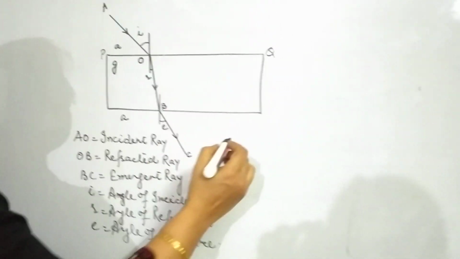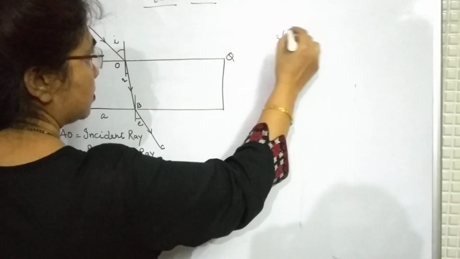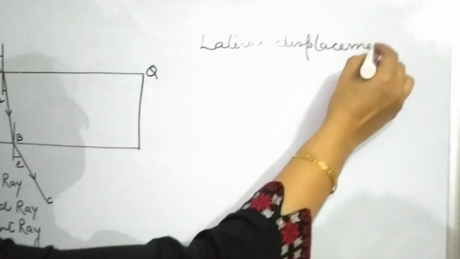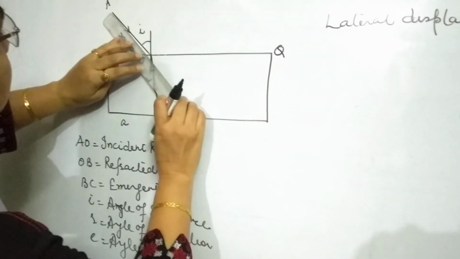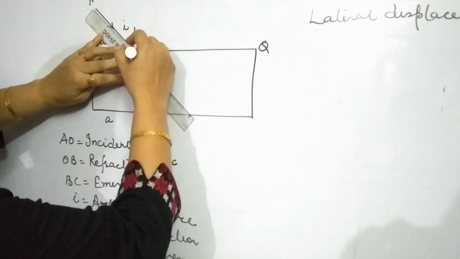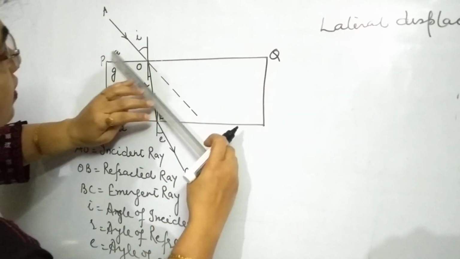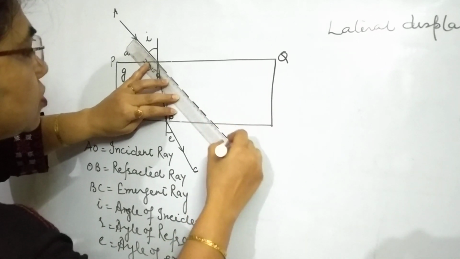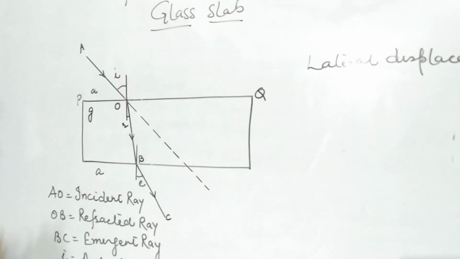So now we will study lateral displacement. This is the path covered by the light ray due to refraction. If refraction were not there, how would this light travel? It would go straight. As usual, the first property of light, rectilinear propagation, light always travels in a straight line. But due to refraction, it follows a path like this.